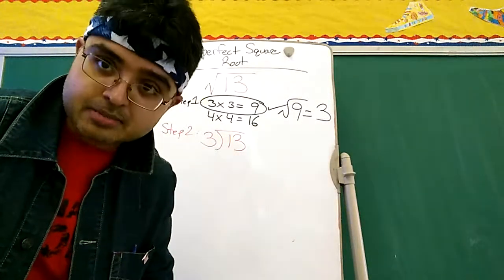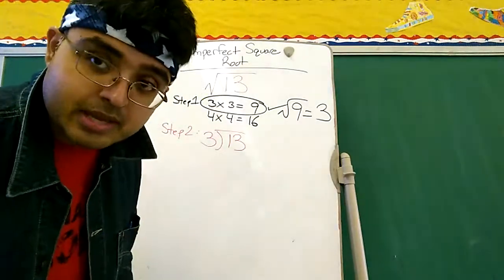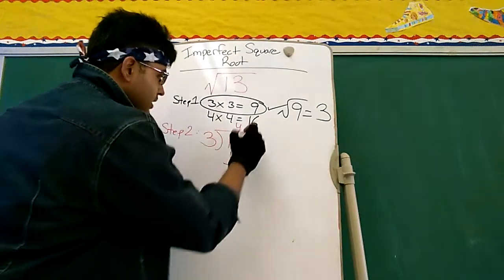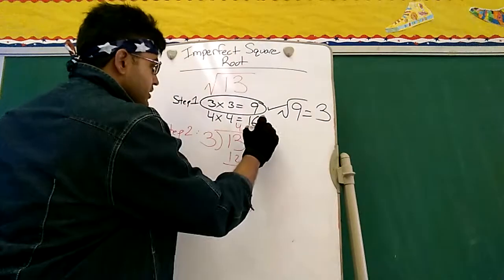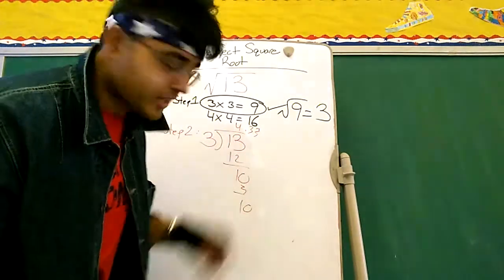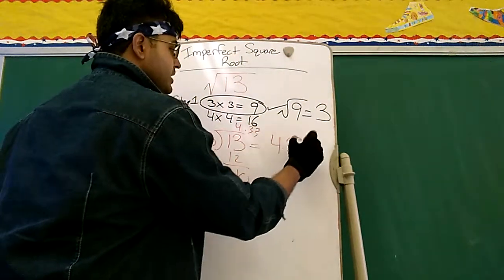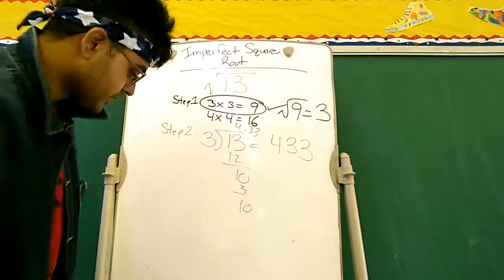They're going to use DMT to solve this. I'll use my shortcut technique just for the time limits. So 3 times 4 is 12. 13 divided by 3 is equal to 4.33. Step number 2, done.